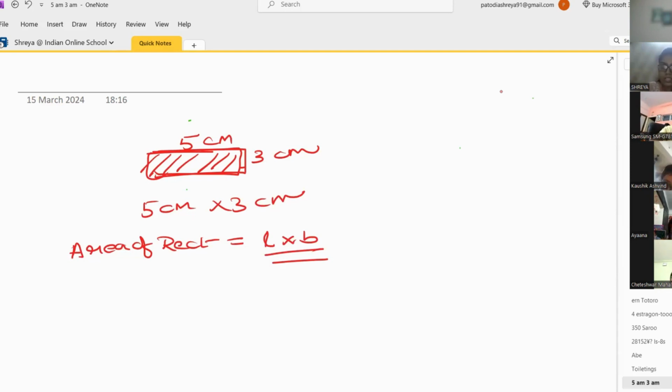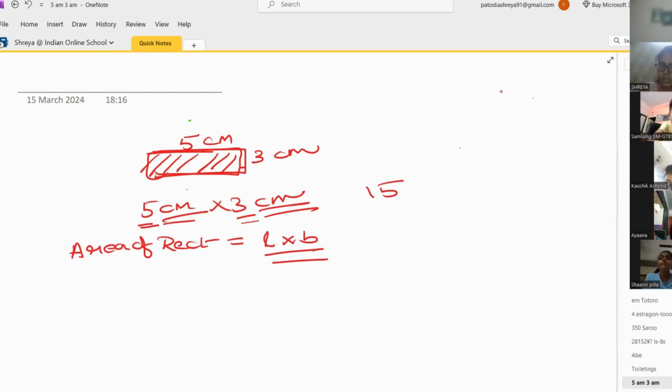See, you're not just multiplying the numbers. 5 into 3 is 15, that's okay. But apart from the numbers, aren't you multiplying the unit as well? You're multiplying the unit along, right? The number gets multiplied, that gives me 15.